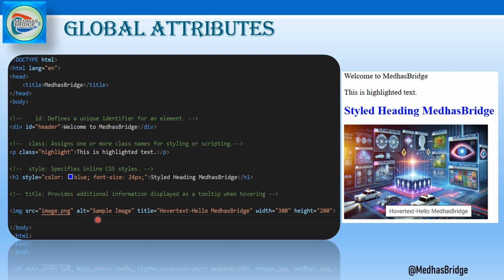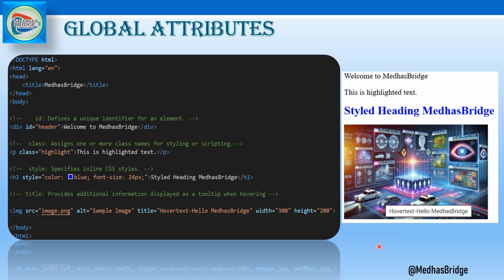So look at this one, img with src equal to image.png, right? And alt sample image and a title value, and then you also define the width and height of the image. So this is the starting of the tag, and it has these many properties that you are defining for this image tag. If you don't find the image, this is the alt message that will display. Otherwise, this is a title.